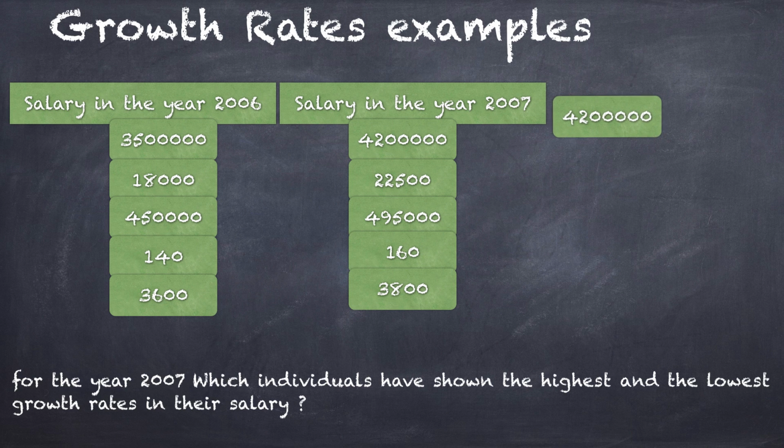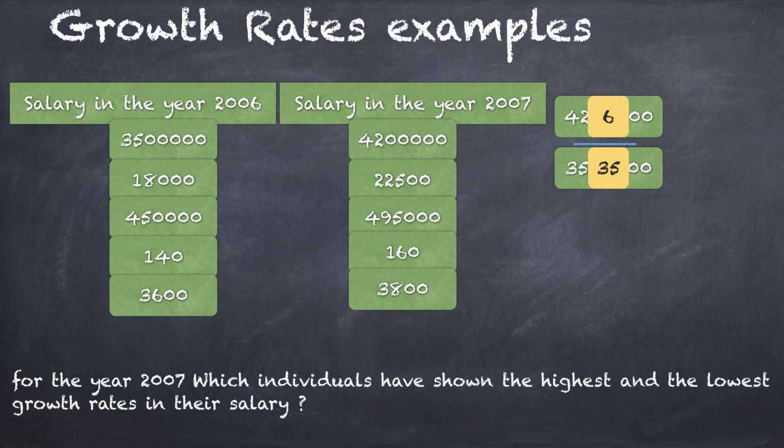Let's start doing that. For the first individual, let's call him A, the numerator would be 42 lakhs and the denominator would be 35 lakhs, or 42 by 35. I can simplify it into 6 by 5, which becomes 1.2. So the new value by old value fraction is 1.2.